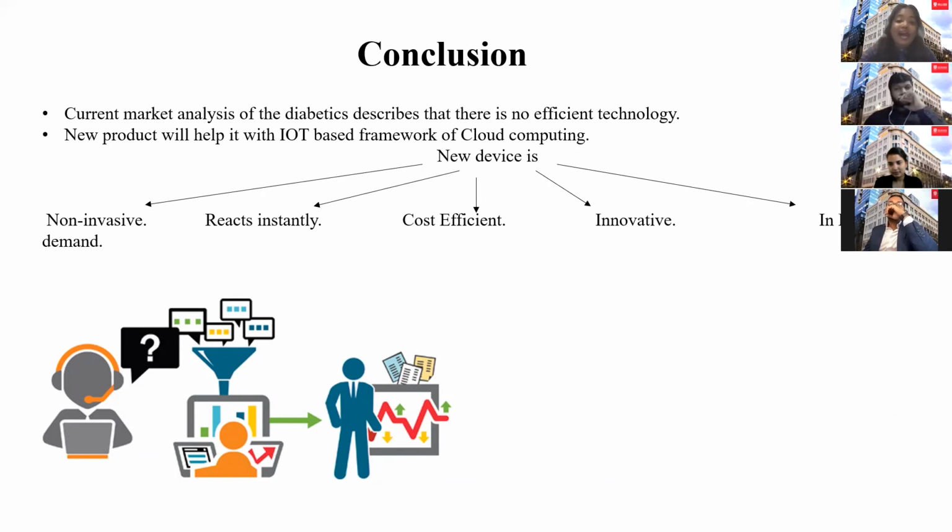So this can go high in the market because of more innovation in the product and cost efficiency. Therefore, I conclude by saying that the product brings more profitability for the patients as well as for the investors in the Australian diabetic market.